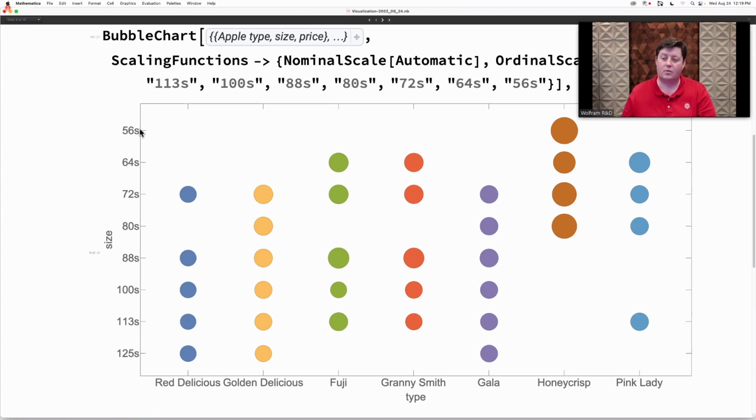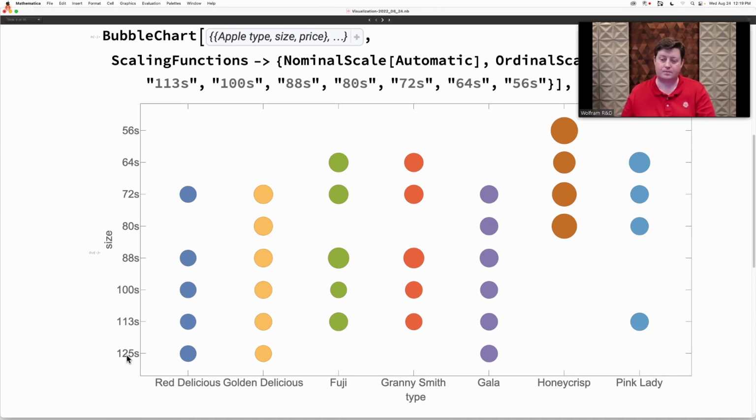And so these numbers basically represent roughly the size of the apple. So I think there are roughly 56 apples in, I forget what volume of measurement they use for that. So these are relatively big apples because you don't have a lot of them in the crate. And these are smaller apples because you have more of them.